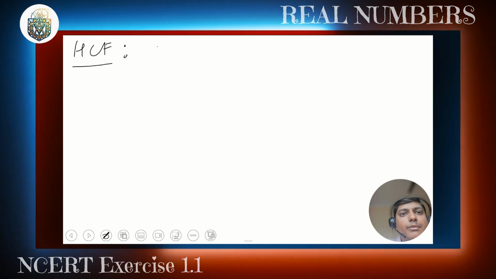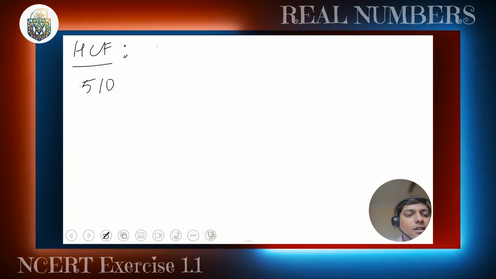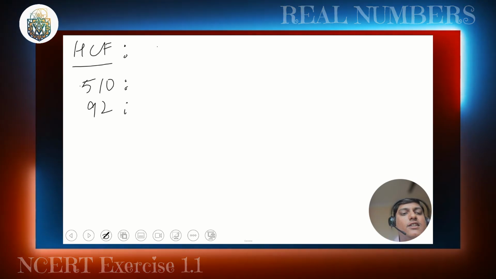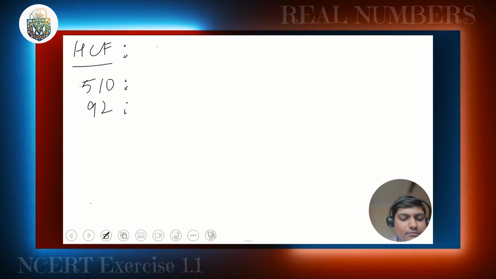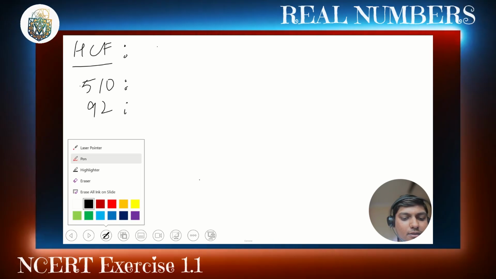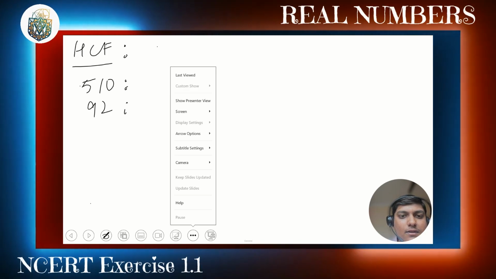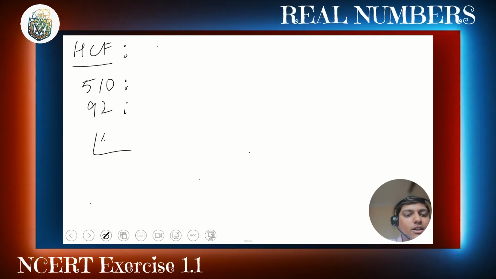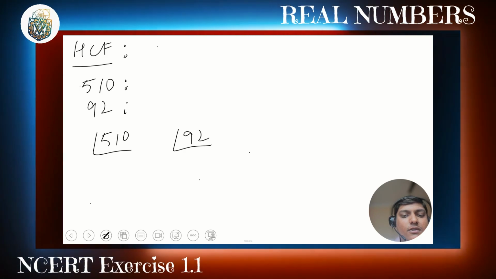Basically, I can write once again, 510 and 92, correct? 510 and 92. 510 was expressed as, one second, okay, let me do it.